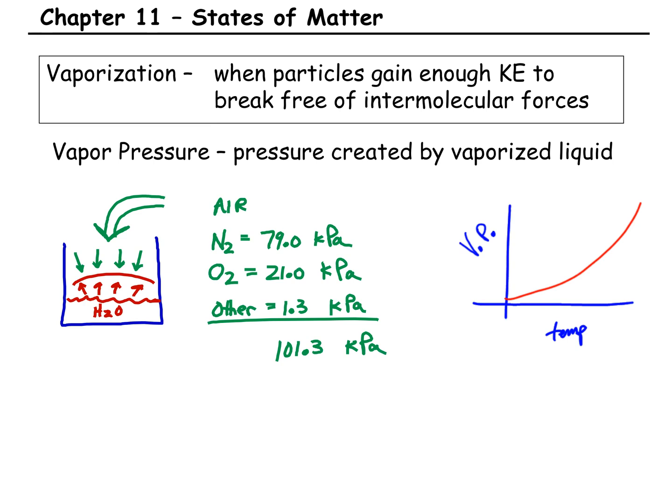All right. Now, when water does vaporize, it goes from the liquid into the gas and becomes part of the air. Remember we talked about what air is made of.